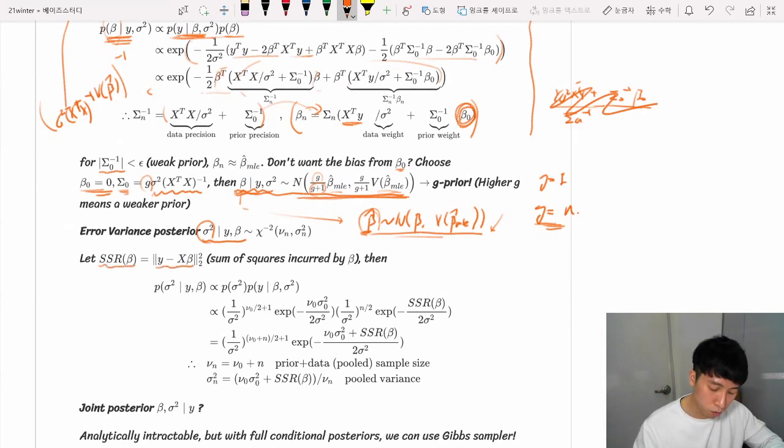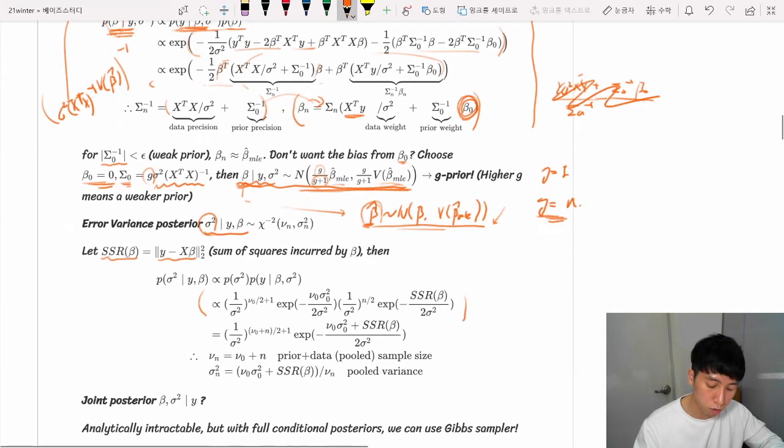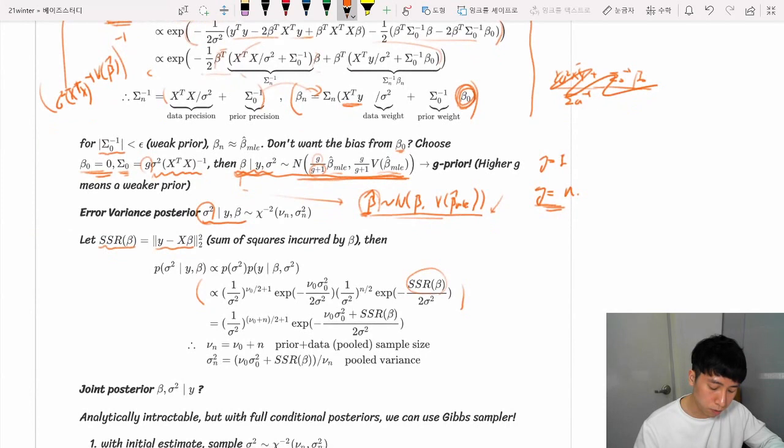So this equation is pretty much the same as the standard normal likelihood posterior for sigma squared, except that we have this term right here. The posterior parameters nu n and sigma n squared can be easily determined like this: nu n is the sum of the prior and data sample size, and nu n sigma n squared is the sum of the pooled variance.